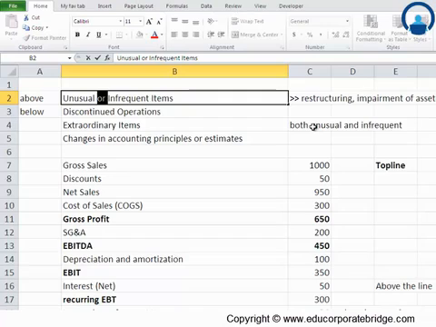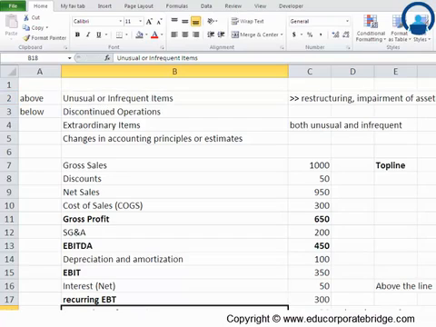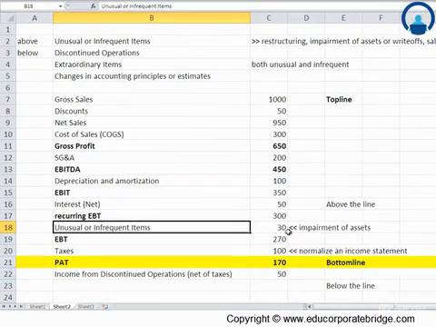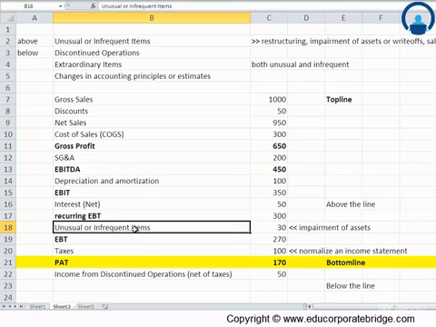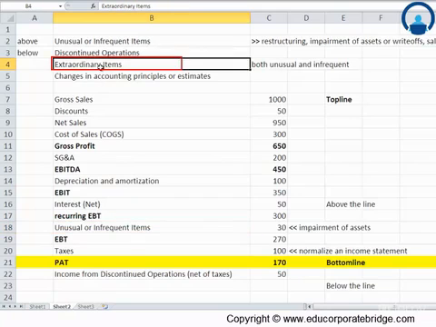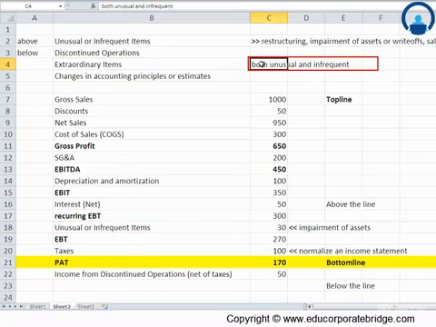So the items included here in line number 18 don't show both the attributes, they show only one attribute. So impairment of assets is unusual, but it is frequent. Many times the assets may get old and they may lead to impairments, so that item can be a frequent item, but it's an unusual item. However, extraordinary items are both unusual and infrequent.